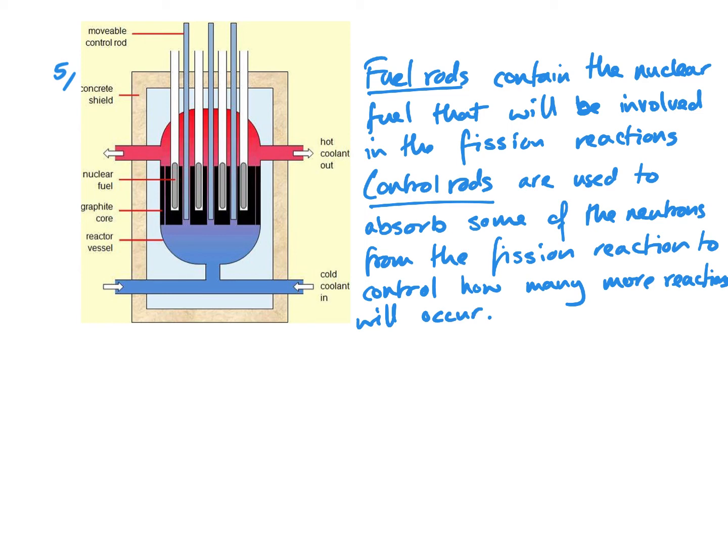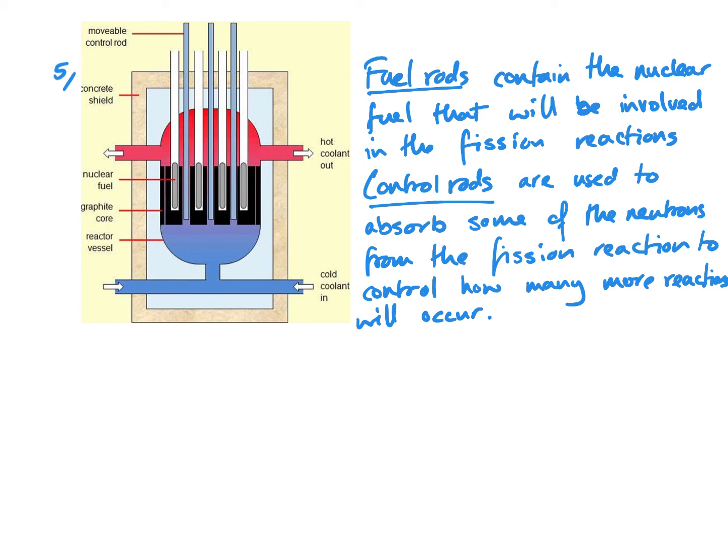And ultimately that's there for controlling the total amount of heat produced. If you didn't have any control rods, you would get the idea of meltdown: if one reaction produces 3 neutrons, that produces 3 reactions, 9 neutrons, 9 reactions, 27 neutrons, etc. You get exponential growth in the number of reactions taking place, and therefore exponential growth in the amount of energy being produced. And that would be an uncontrolled chain reaction. So control rods are all about controlling the chain reaction.